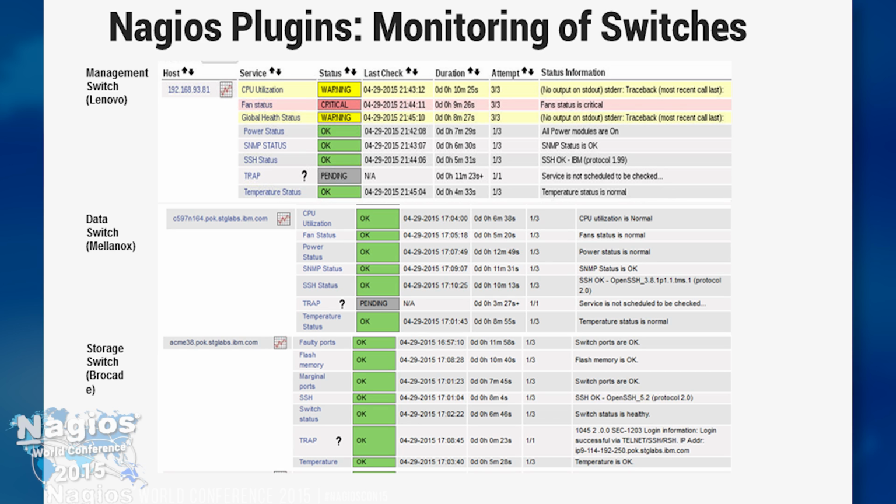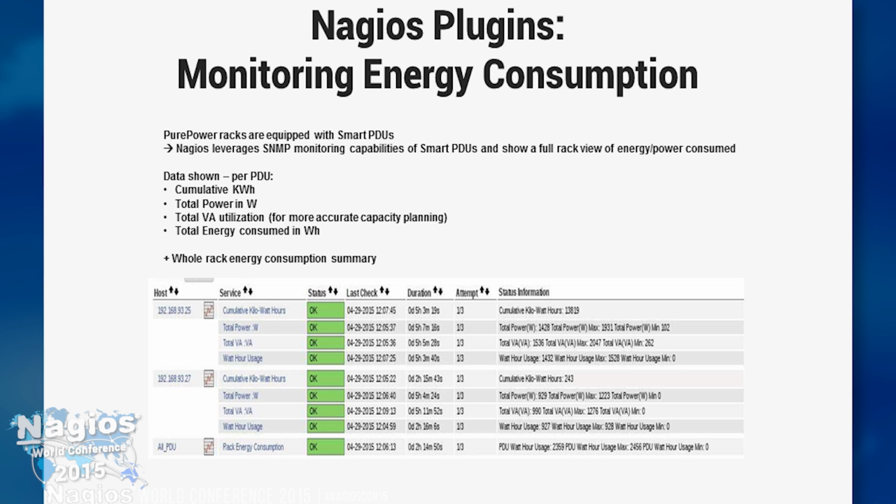And this shows the checks that we do for the switches, right? And one other thing that I wanted to say: one of the components that we monitor is a smart PDU in that rack. We actually monitor SNMP traps and do active checks on that PDU as well.